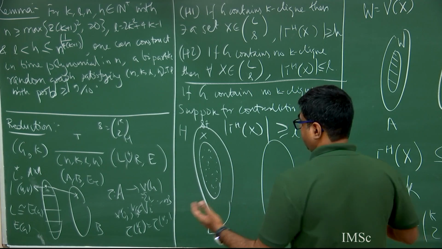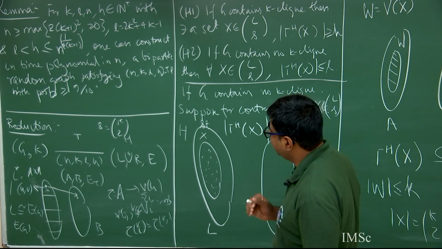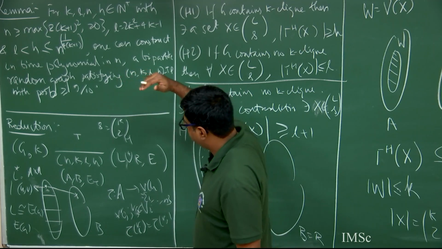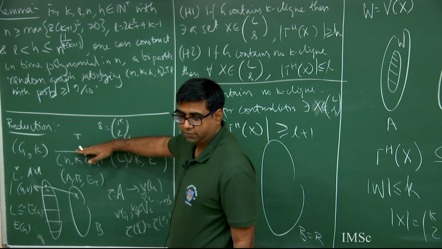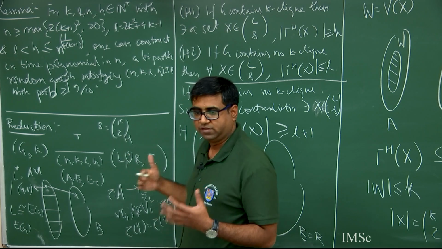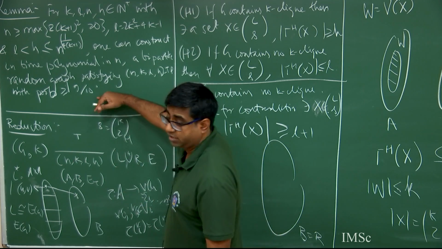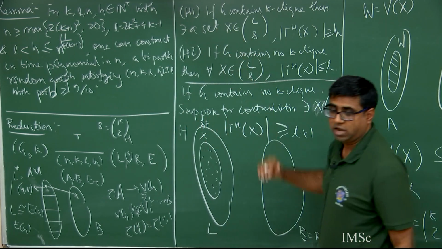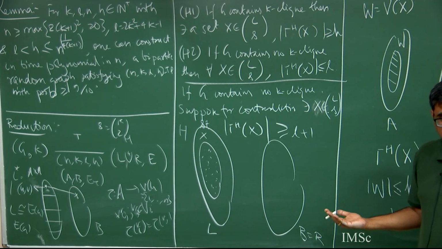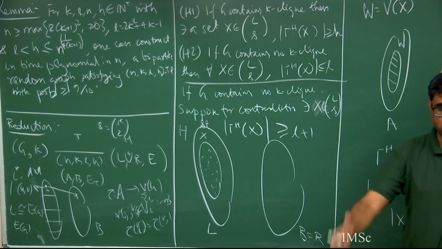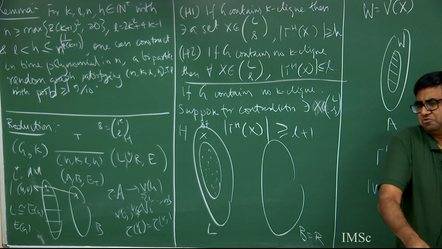Now this was a deterministic proof. The threshold graph satisfies this property with probability 9 over 10, so I will satisfy H1 and H2 with probability 9 over 10, because in this construction you gave me the threshold graph and I just do a deterministic construction.